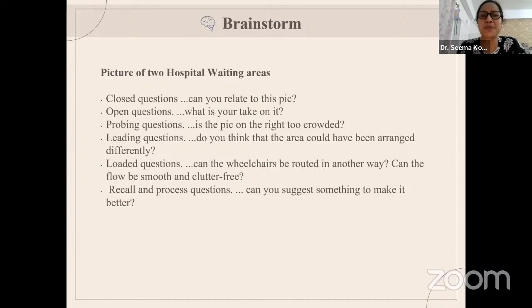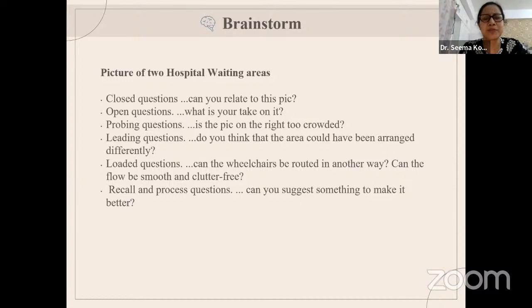When you go to an open question, like, what is your take on it? It's open-ended. You may take up the right-hand side, or the left-hand picture, and go for an explanation of it.